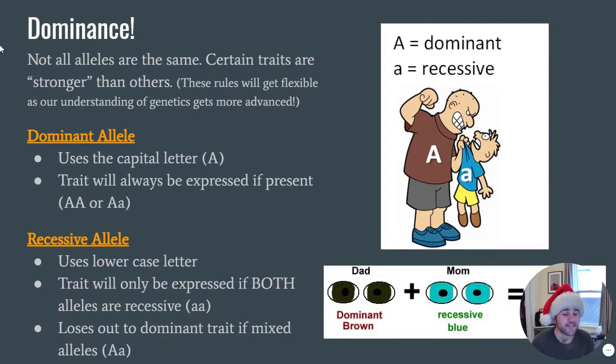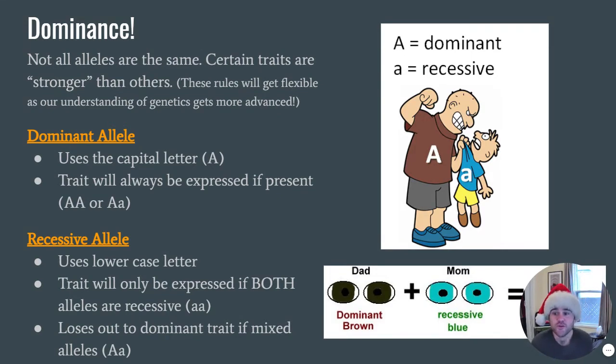And not all alleles are the same. Like we saw with that flower making the enzyme for pigment versus not making it, some are going to be dominant, because if the recessive trait just doesn't code for anything, even if you only have half the amount of enzyme, you're still making something, and that's going to overwhelm that white flower.